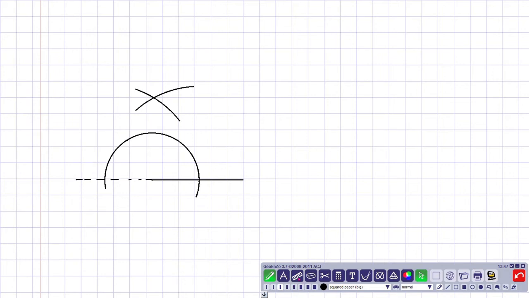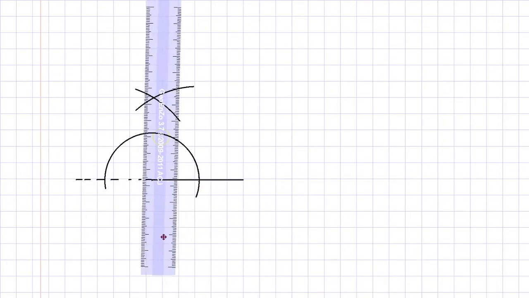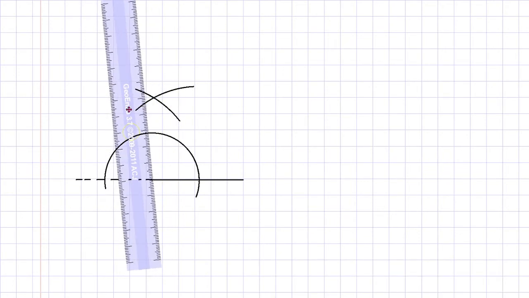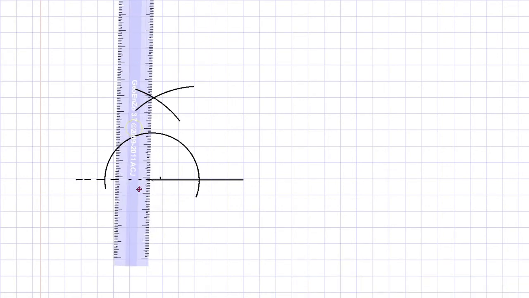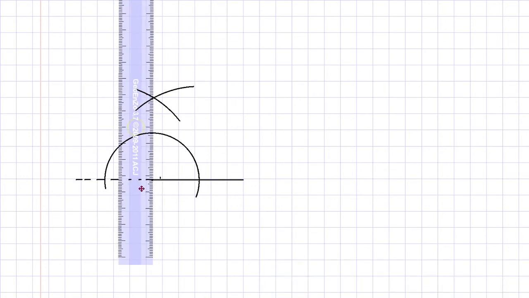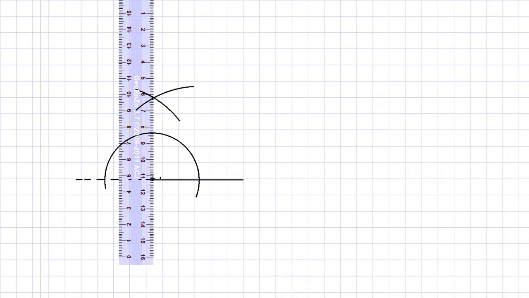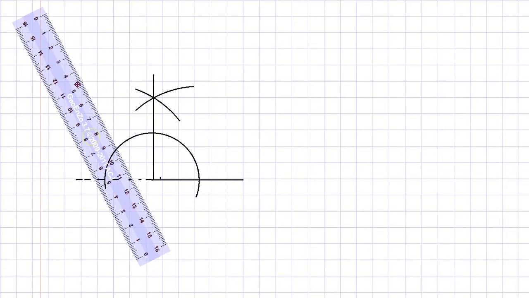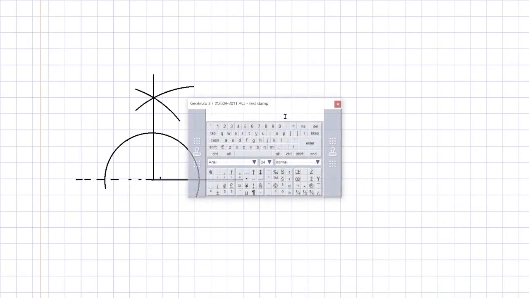Now take the ruler and join these 2 points. This angle is 90 degrees.